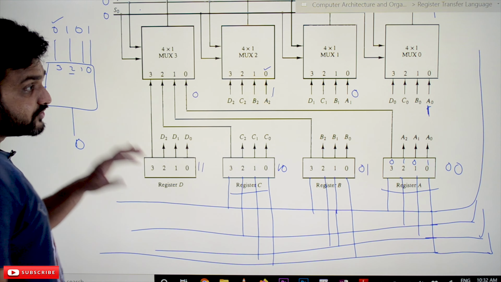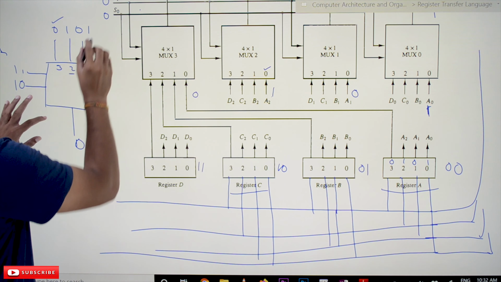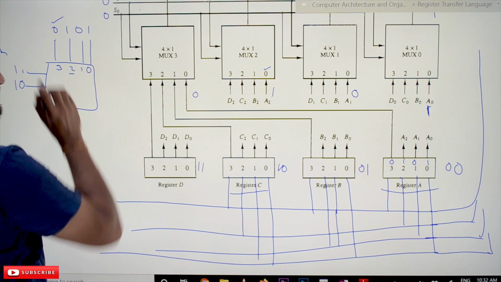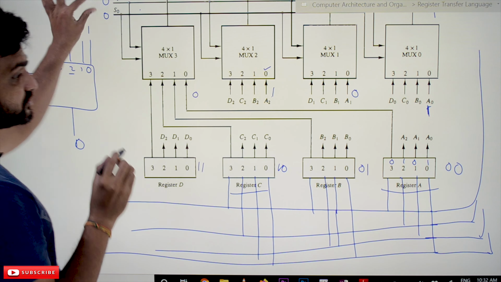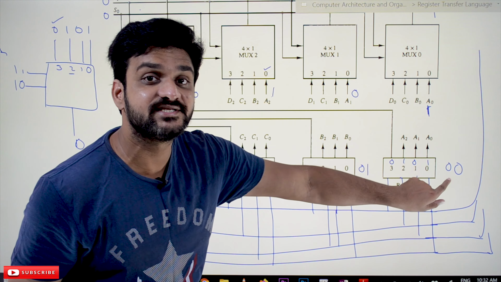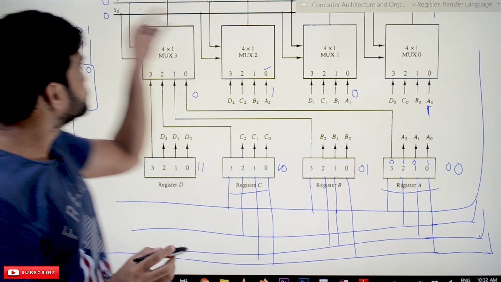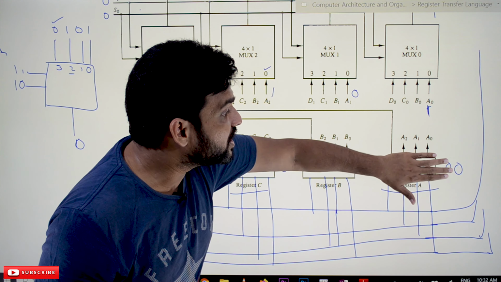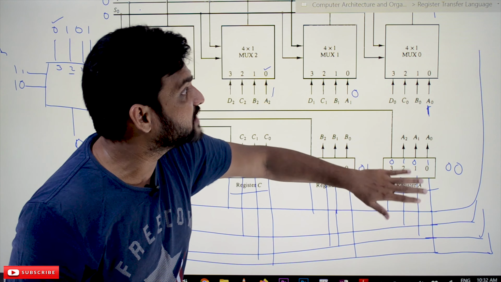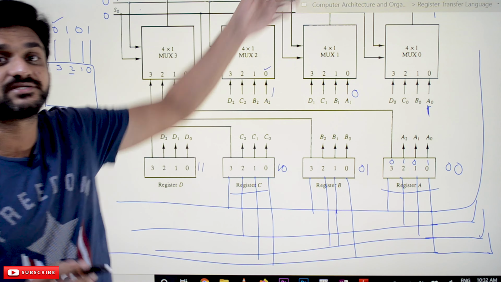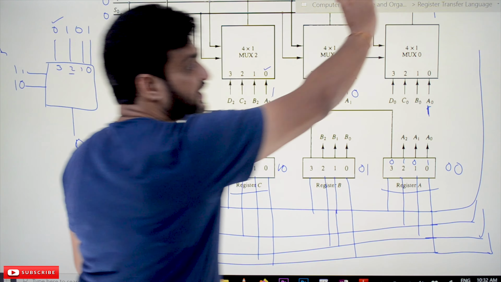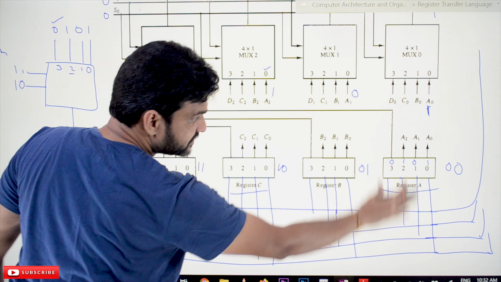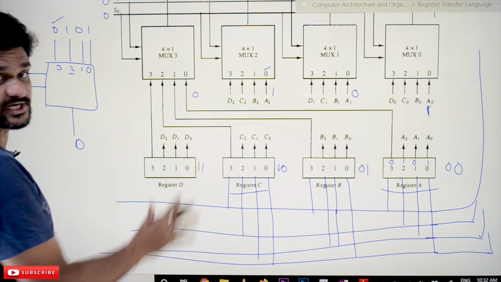So now whenever the 0 select line is provided here, which means that this 0 is representing register A, the data on our register A has to be brought onto the common bus. It has already arrived, and now this one will be produced as the input to each and every register.